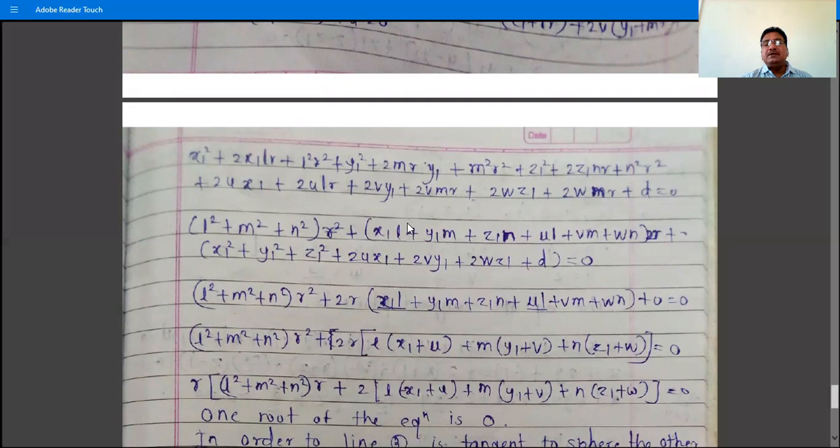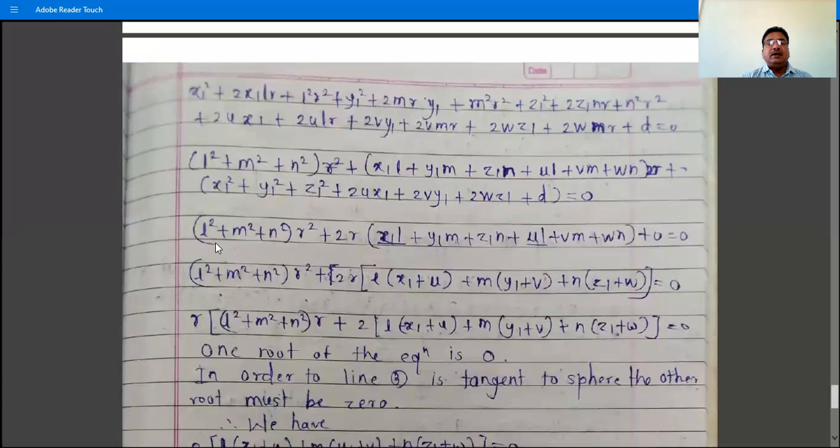This is x1 l, this is y1 m, this is z1 n, then this term ul + vm + wn. These are the terms. Take 2r as a common factor. And then the remaining terms, what are they? x1² + y1² + z1² + 2ux1 + 2vy1 + 2wz1 + d = 0.